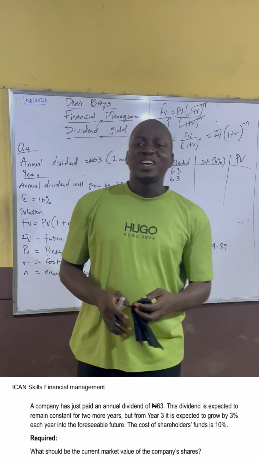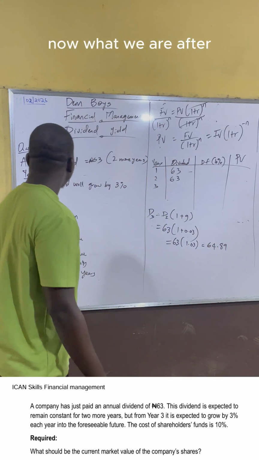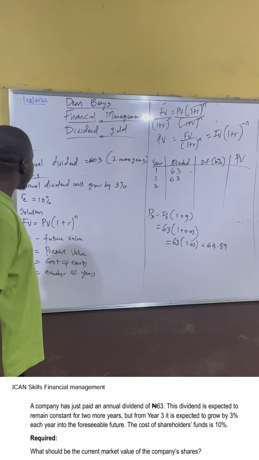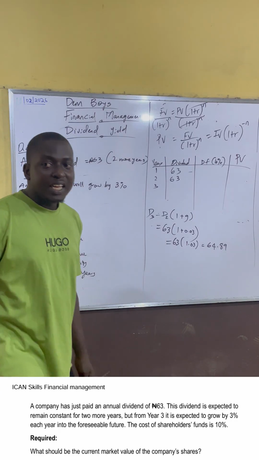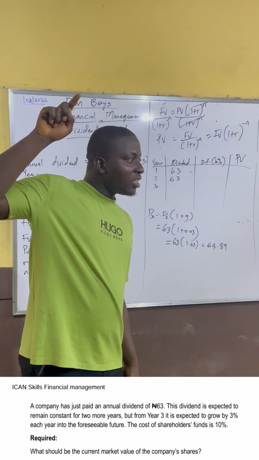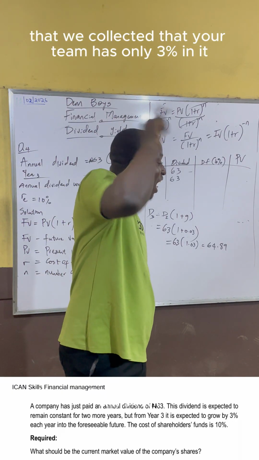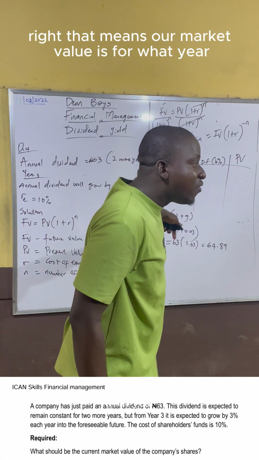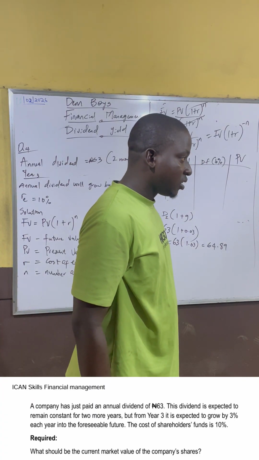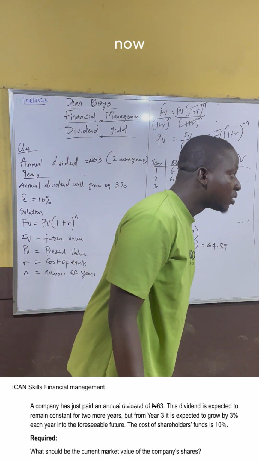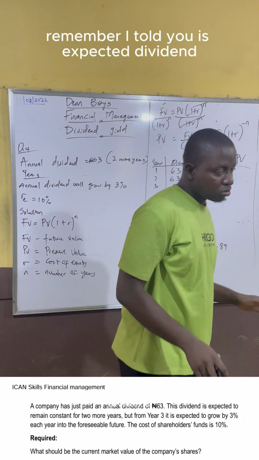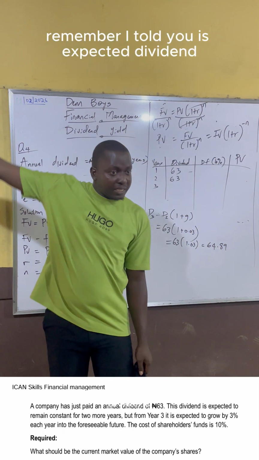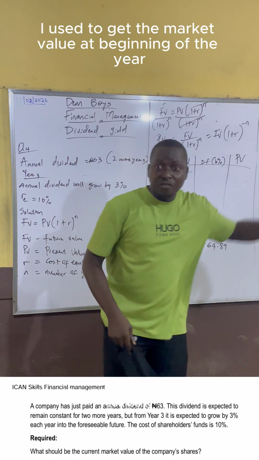Now, what we are after, you know, for them to say the dividend that we collected at year 3 has 3% in it, right? That means our market value is for what year? It's for the beginning of year 3 now. Remember, I told you, with the expected dividend, I used it to get the market value at the beginning of it.